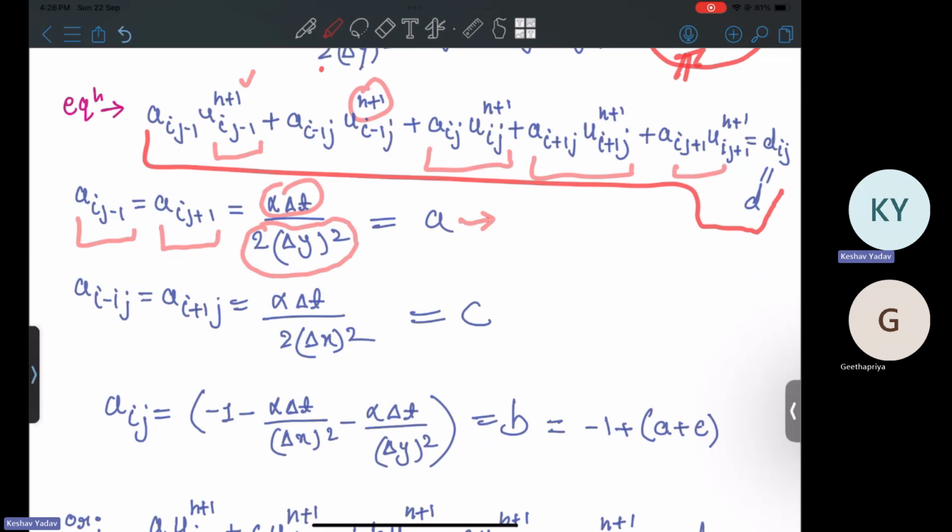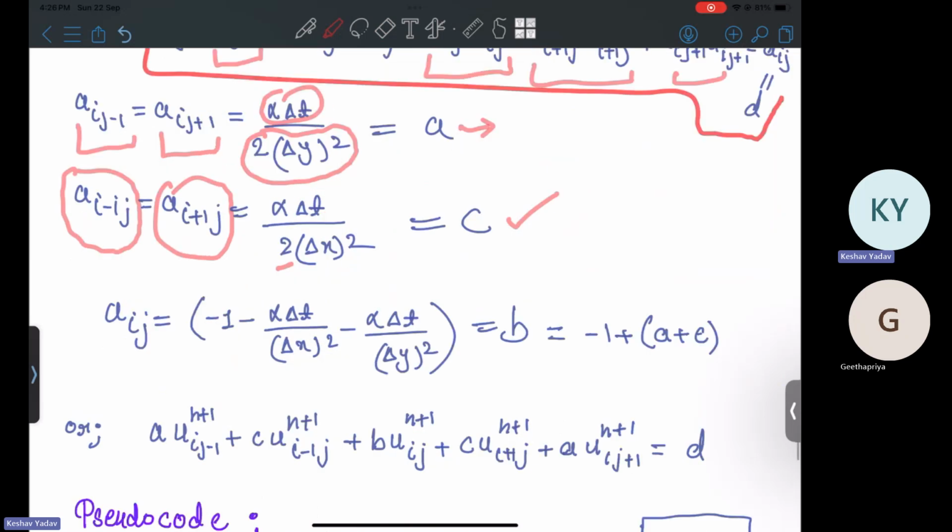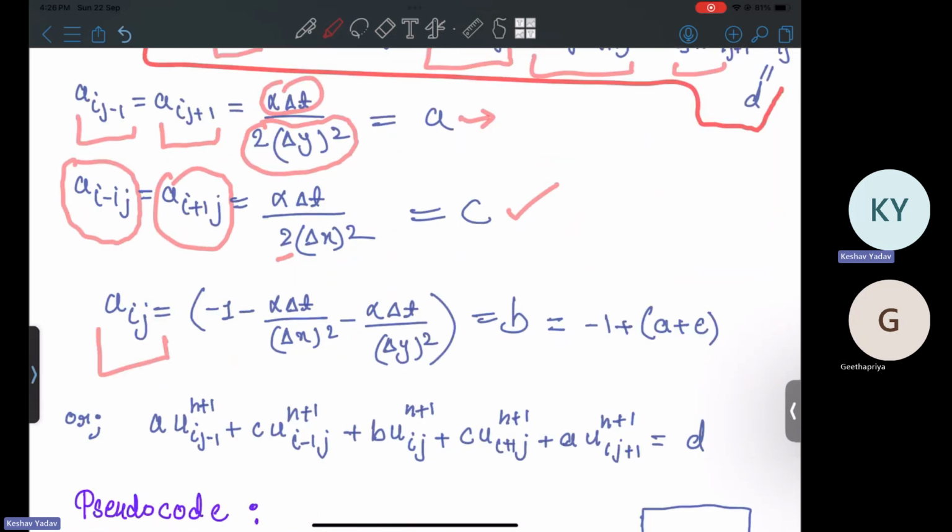Okay, similarly, a i minus 1j and a i plus 1j will be equal to alpha delta t upon 2 delta x square. That will be equal to c. I am just calling it c. Similarly, aij will be equal to minus 1 minus alpha delta t upon delta x square minus alpha delta t upon delta y square. I am simply calling it b.